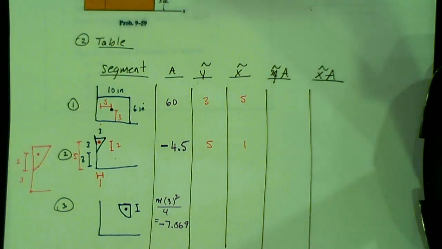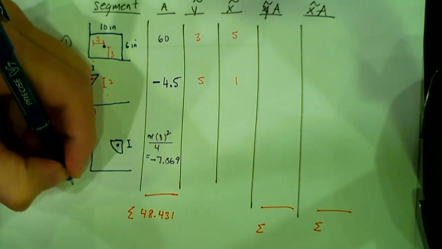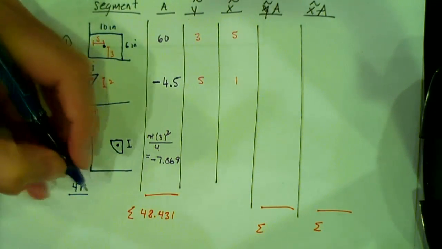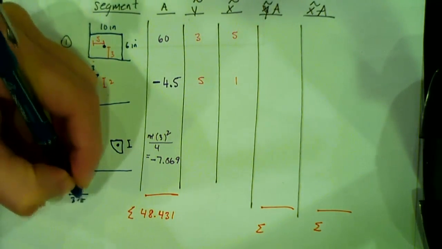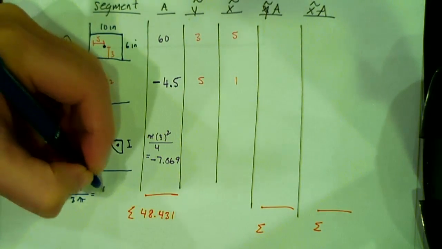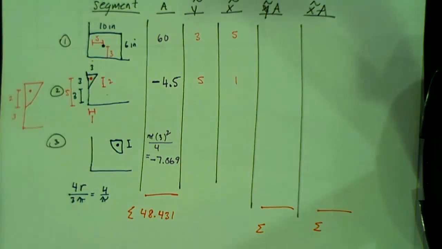Now for the quarter circle, it's in the back of the book, but I had the equation memorized because I've done it so many times. The center is equal to 4r divided by 3 pi. So that is 4 times 3 divided by 3 pi, so that's 4 over pi.